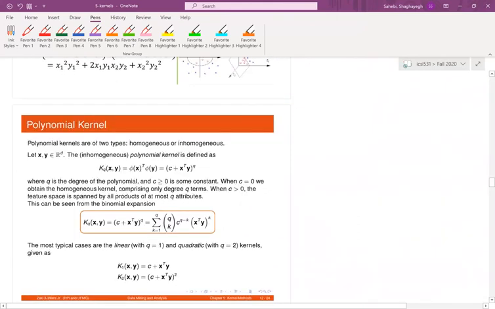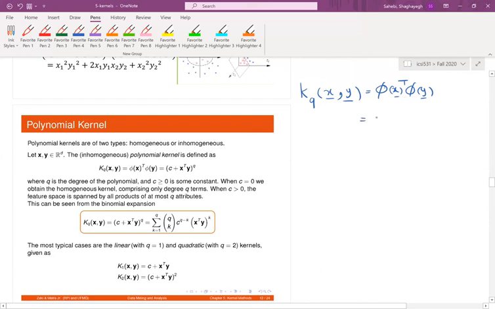Now, what happens if our polynomial kernel has a higher degree, a kernel of degree q between data points x and y in the original input space, which is equal to phi of x transpose phi of y, where phi of x and phi of y are in the new feature space?